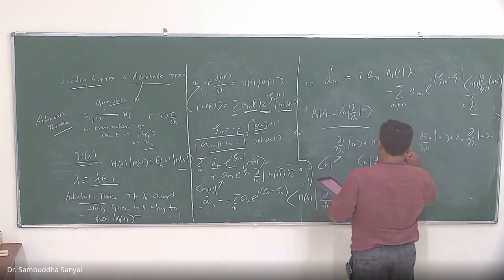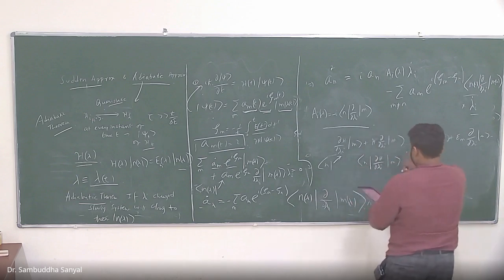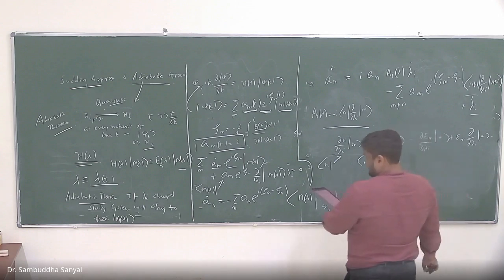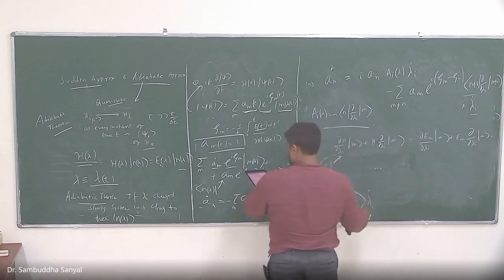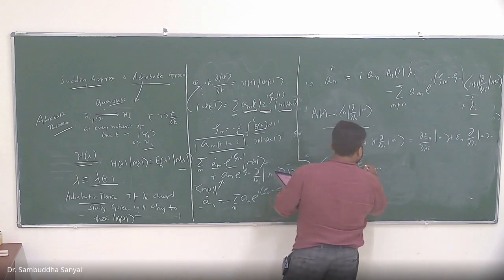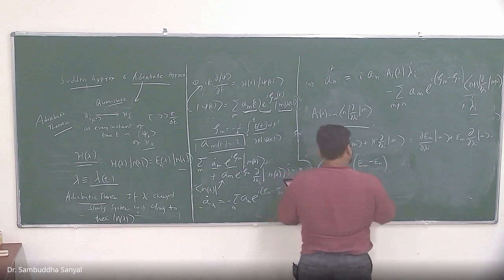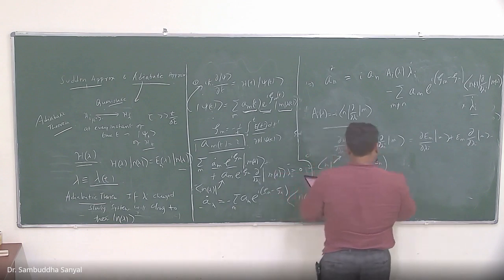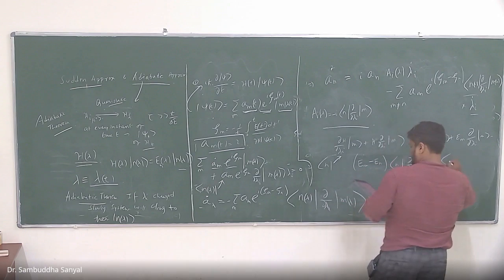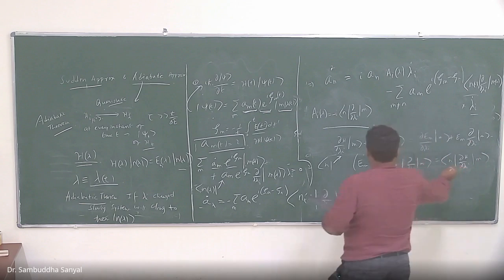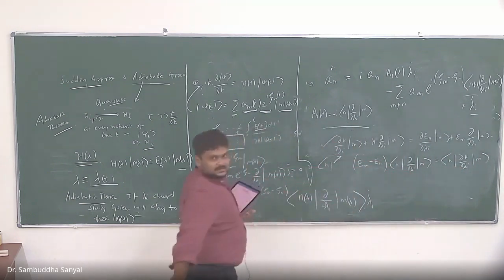Lambda_i dot. Okay, I'll get e_m minus e_n. Let me skip one step. I'll get e_m minus e_n, because in this case the h will directly act on this n m. This term comes from the left hand side.